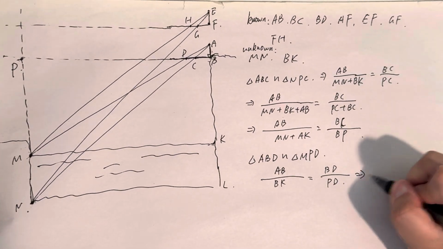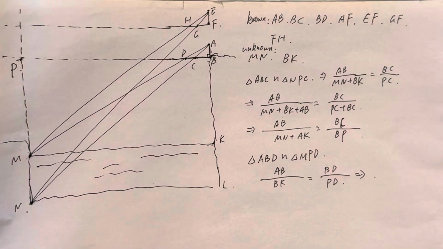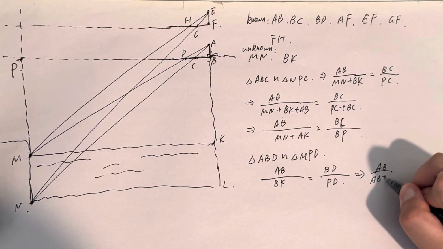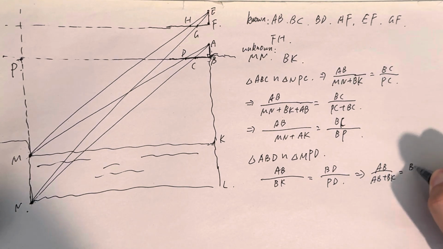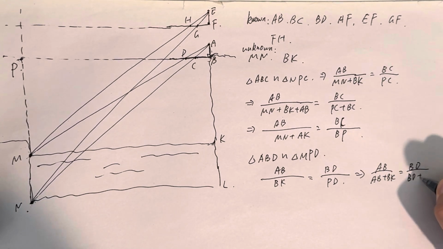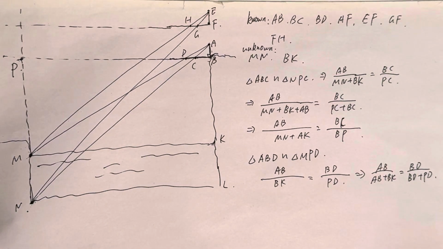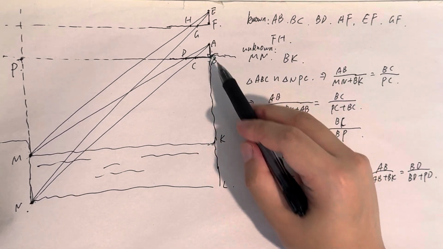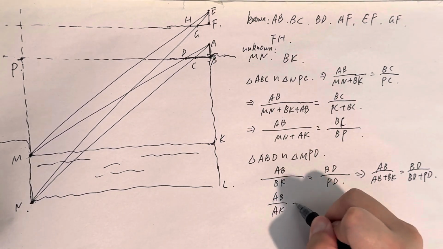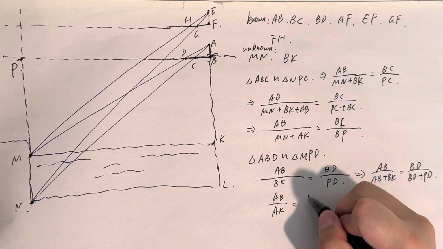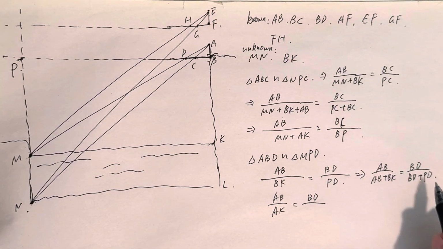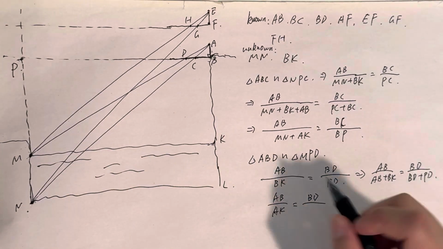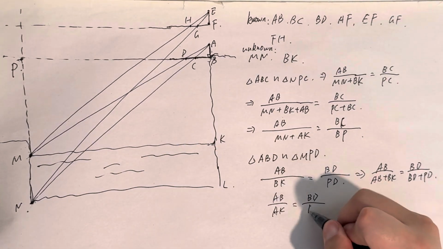From here, we can get AB to AB plus BK equals BD to BD plus PD, which means AB to AB plus BK, that's AK, equals BD to BD plus PD, that is MK or BP, right?